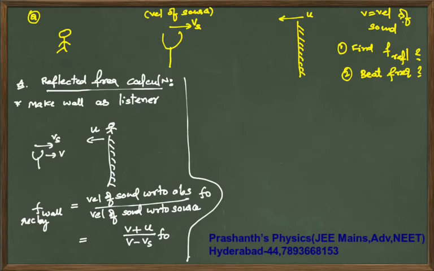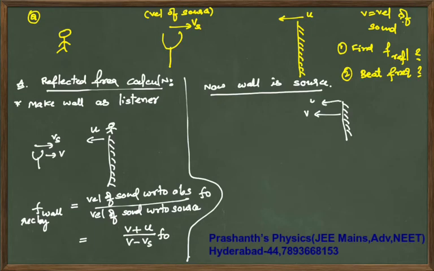Now next, let us calculate the frequency received by the receiver because of the wall. Now the wall is the source, which is producing sound in this direction.